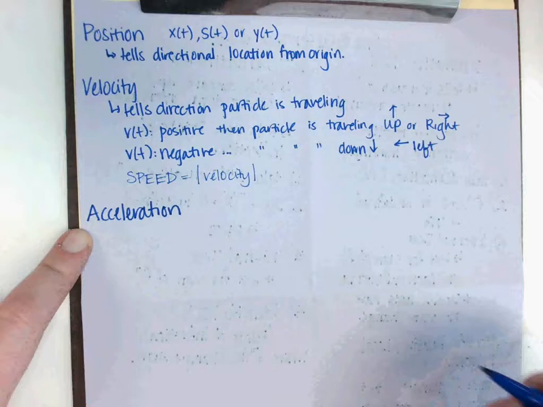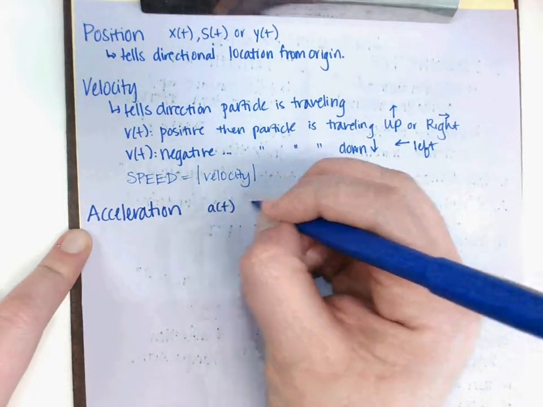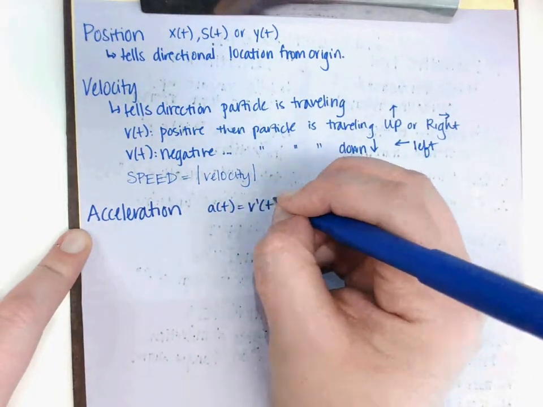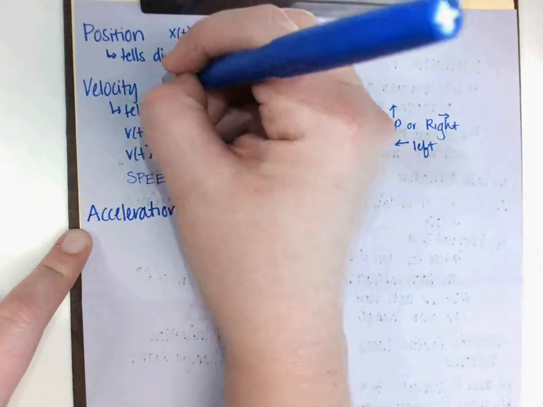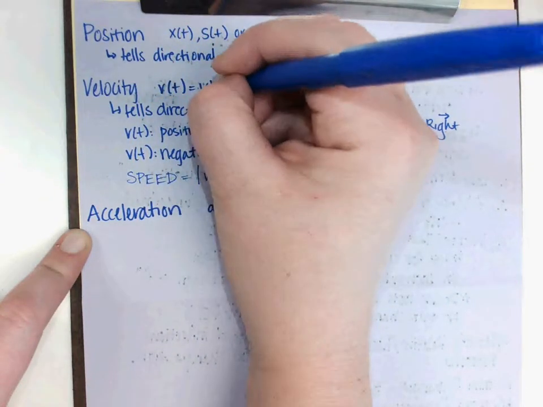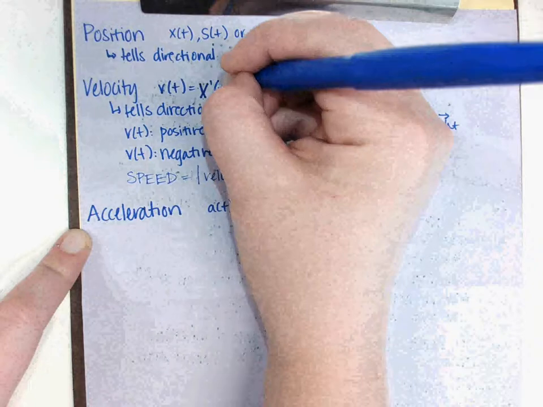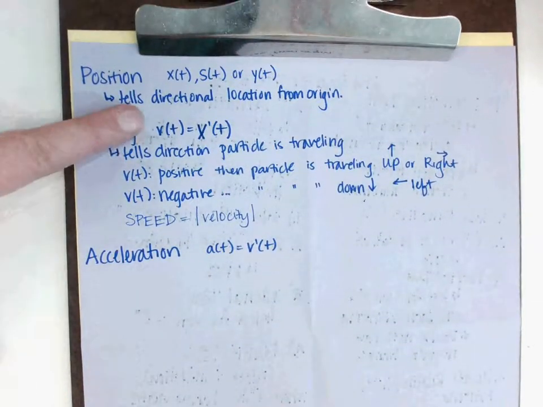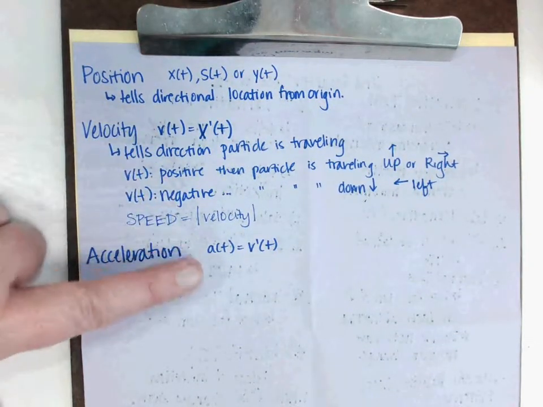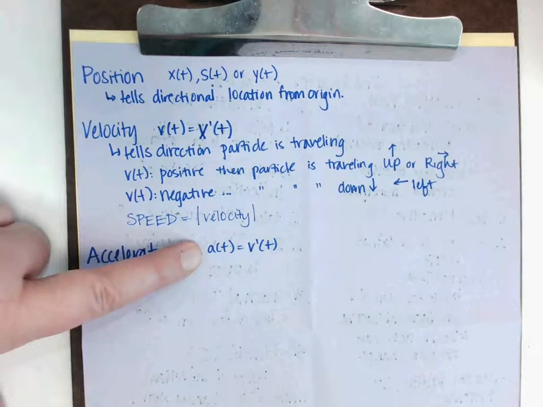Okay, remember acceleration is typically a of t, and it's the derivative of velocity. Let me add up here. Okay, velocity is the derivative of position. Acceleration is the derivative of velocity. So I would go ahead and write that up there as well.